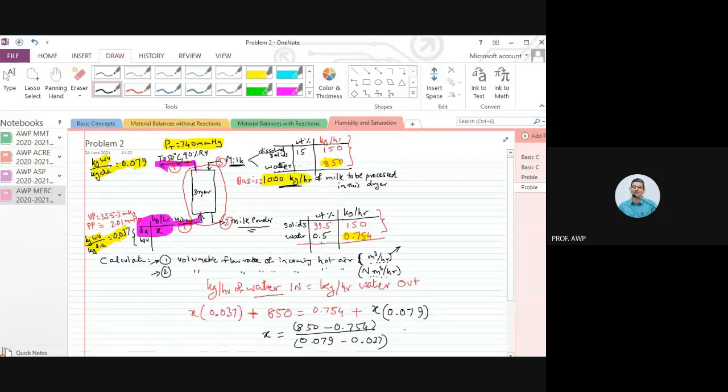Do you realize the advantage of doing calculations in terms of kgs of water vapor per kg of dry air? The dry air part is remaining unchanged. So if I write the table here for the outgoing air, this will have dry air, this will have water vapor, in terms of kg per hour.